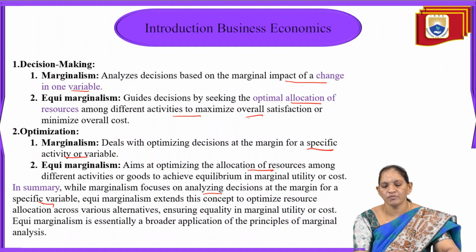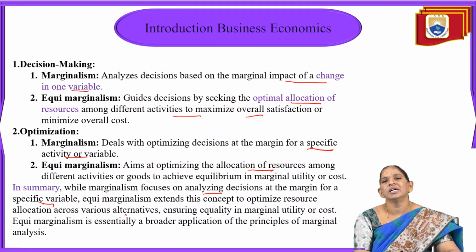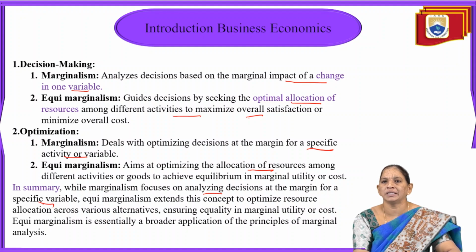But in the same way, equi-marginalism is an extension, means it adds to marginalism, along with the specific focus upon one variable, many other alternatives in case of decision making.